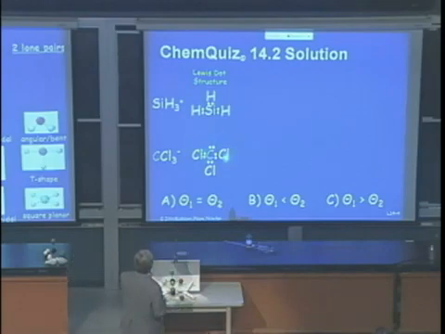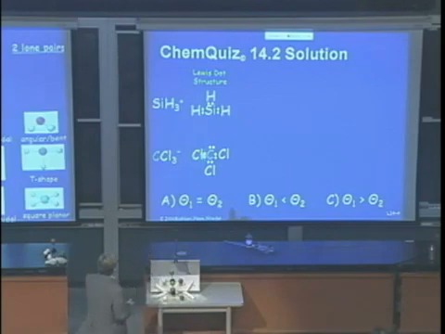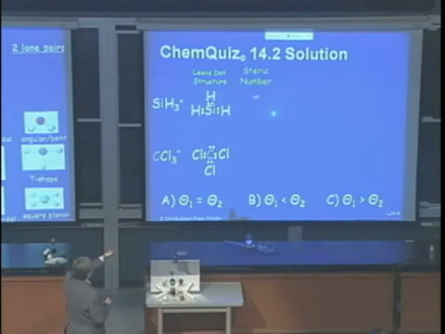And the carbon trichloride is 2, 4, 6, 8, 2, 4, 6, 8, 2, 4, 6, 8, and an extra pair. So what is the steric number for that? 3. So what's the shape? Trigonal planar, okay? Steric number 3, and the steric number is 4 here.